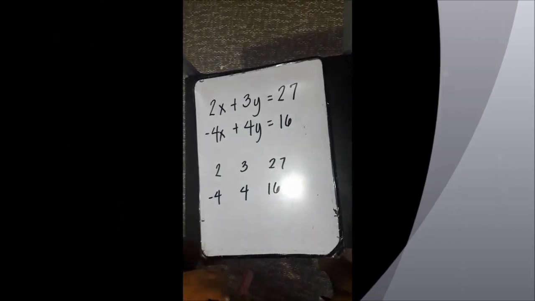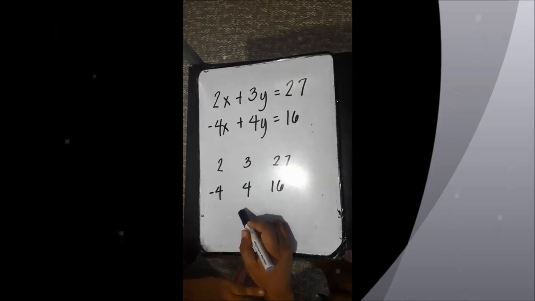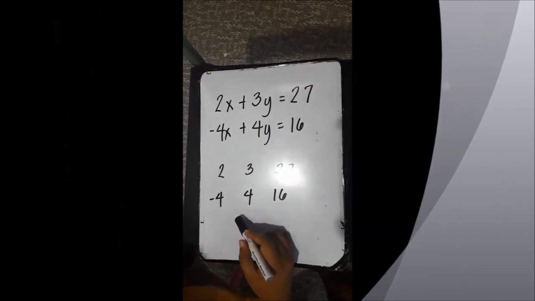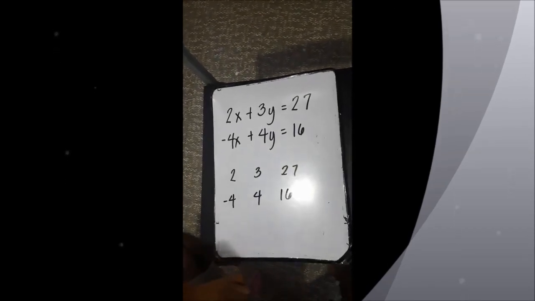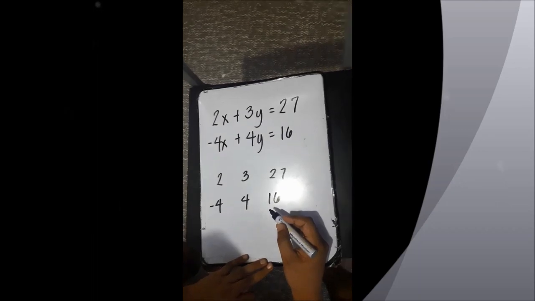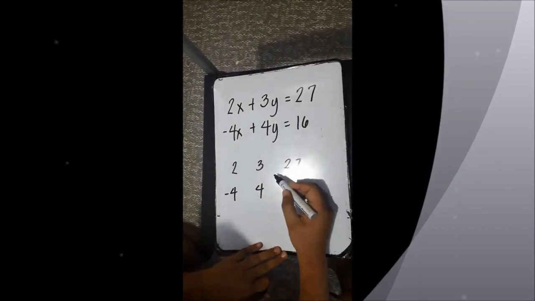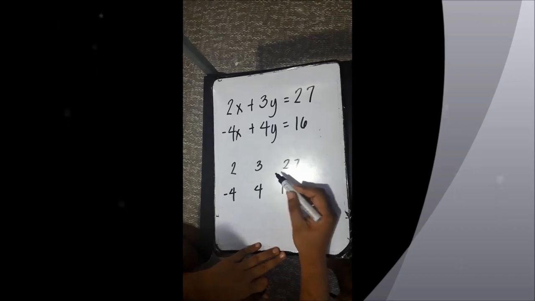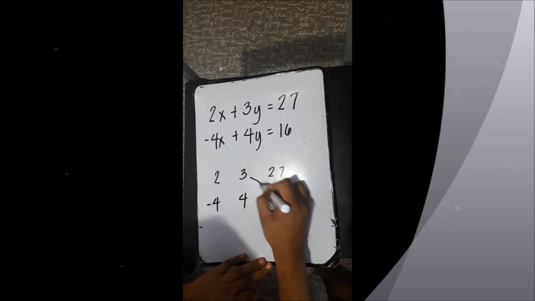Okay, for this first step, I'll be solving for the value of the variable x. So I'll proceed by doing a cross multiplication, multiplying the coefficient of y in equation 1, which is 3, and the constant of equation 2.